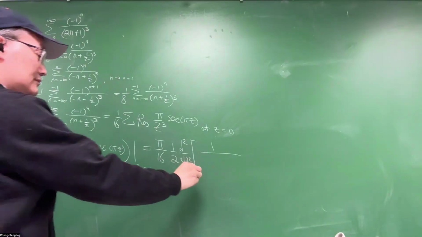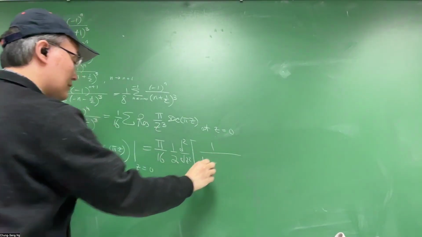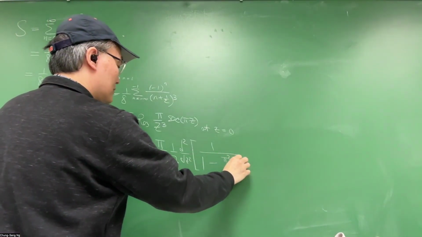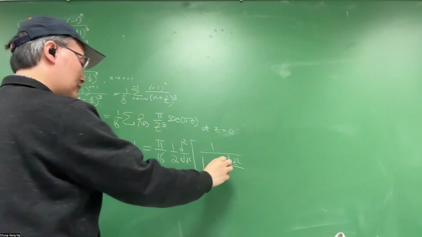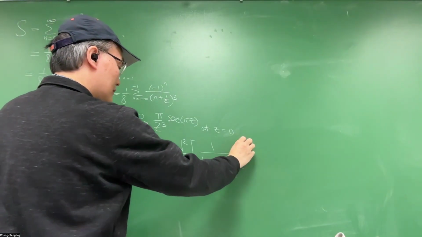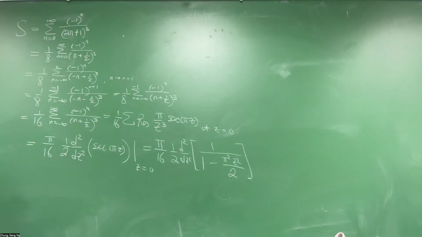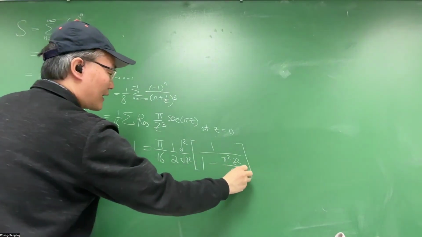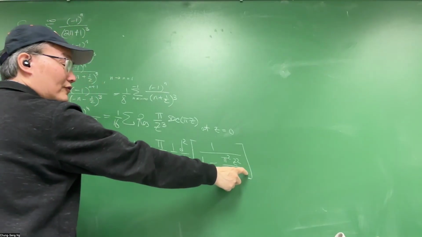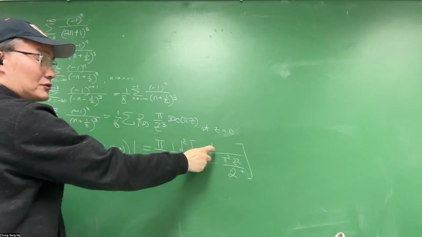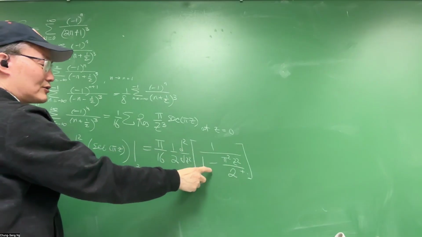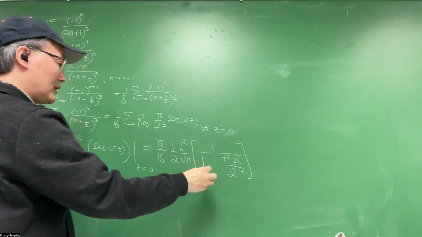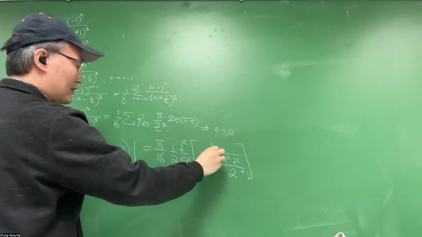Cosine is 1 minus the argument squared, pi squared c squared, divided by 2 factorial, which is 1/2, and then the next order term is fourth order. The next step is we do the binomial expansion.